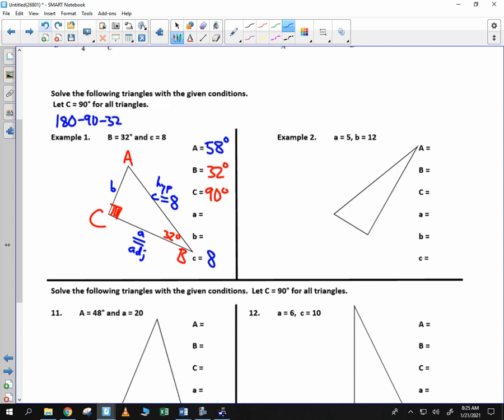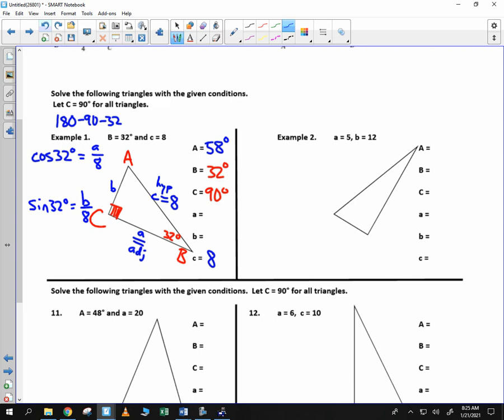So I'm going to use cosine. The cosine of 32 degrees is equal to the adjacent A divided by the hypotenuse 8. Or if you'd like to find B, you could set up sine. Sine of 32 degrees is equal to B divided by 8.